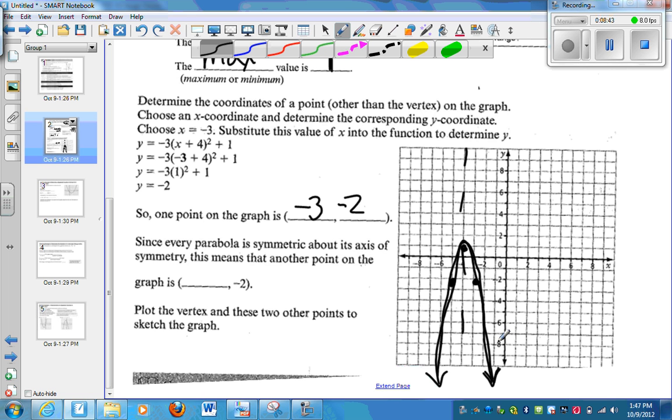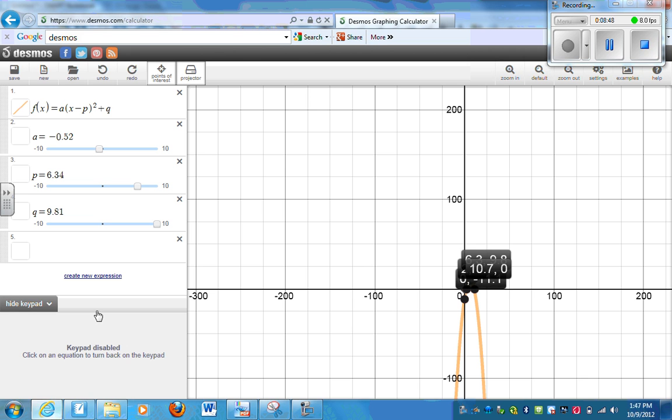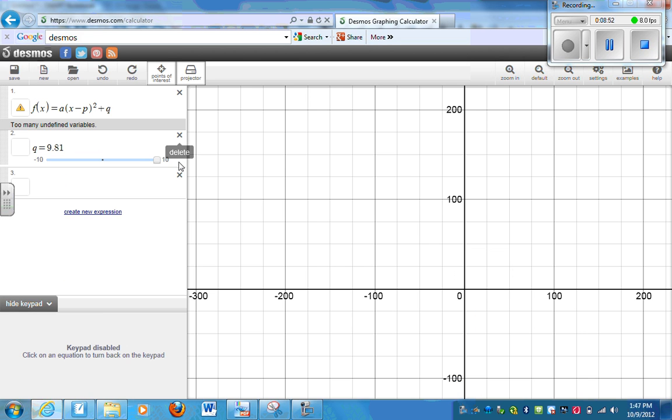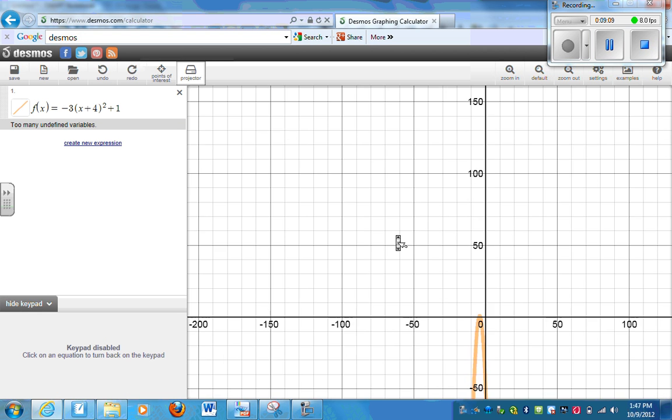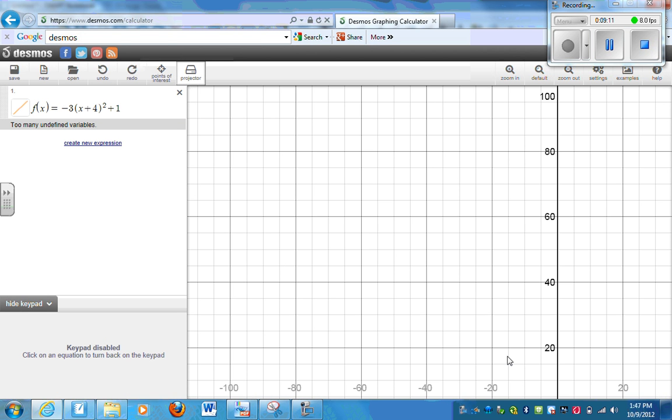The good thing is that we always have the internet to help us out. So if we ever wanted to check, I could come here and I could actually type in my equation. Okay, so my graph was f of x equals -3 times (x plus 4) squared, and then plus 1. Okay, so I want to get rid of these points of interest so I can see. I want to zoom in because it zoomed out quite a bit.